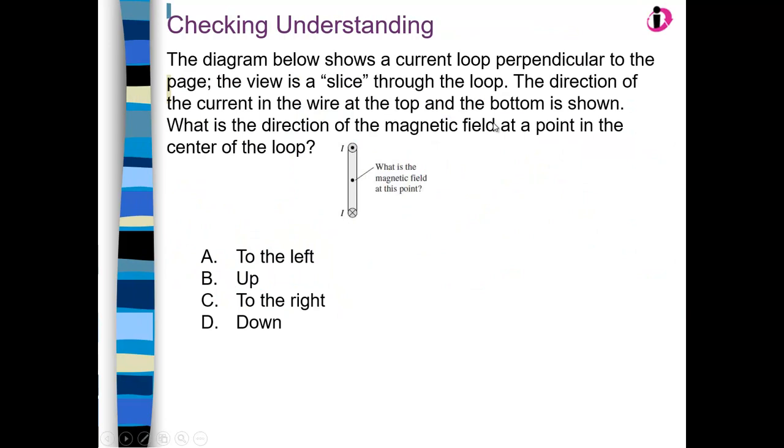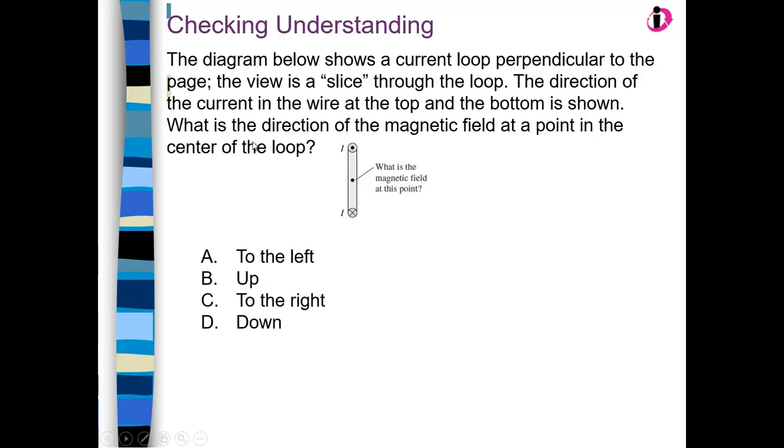Okay, so let's say we have this magnet here, and it shows a current loop that's perpendicular to the page, and we just see a slice of the current loop. Okay, the direction of the current in the wire, the top is going towards you, and the bottom is going away from you. Okay, then what is the direction of the magnetic field pointing to the center of the loop?